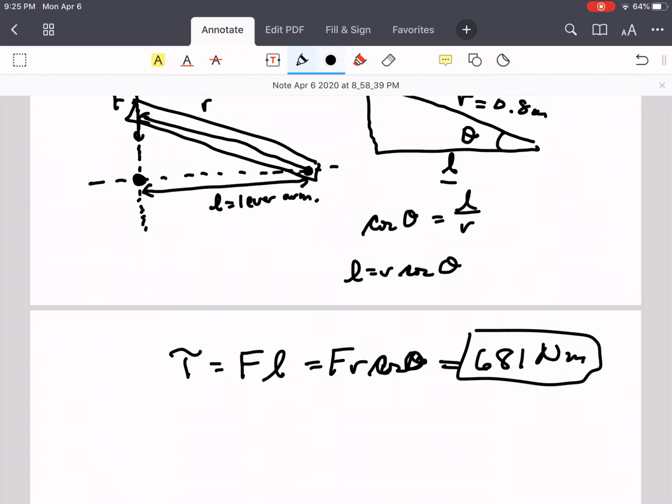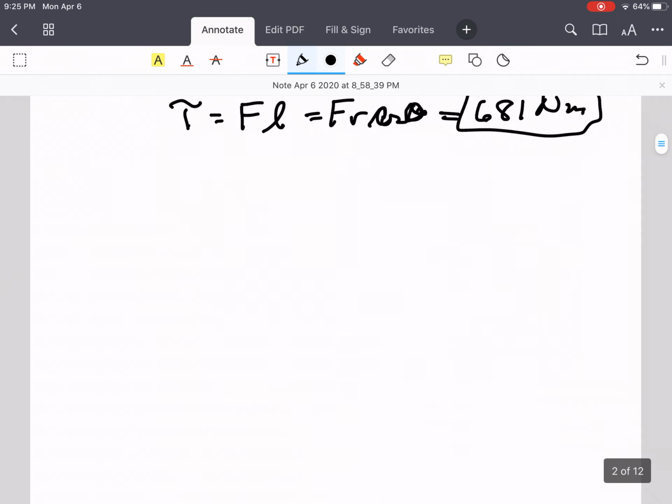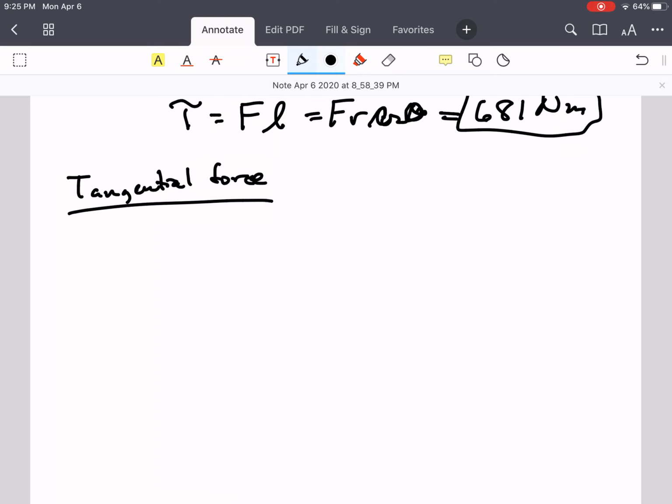Let's do the final method, the perpendicular force method, or tangential force method. So here, all I'm going to do is break my force up into two components. My force was pointing straight down, but remember my radius was coming at an angle of 19 degrees off the horizontal.